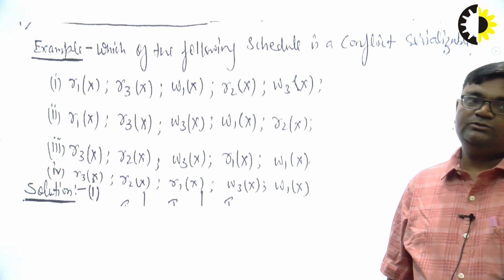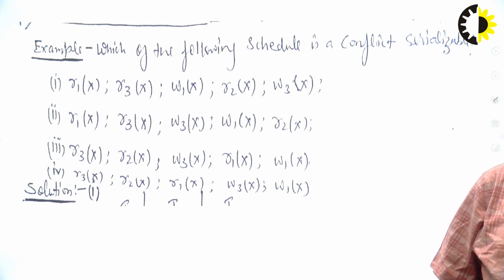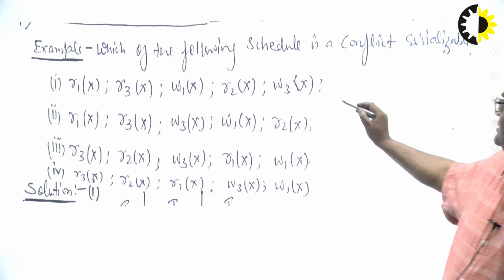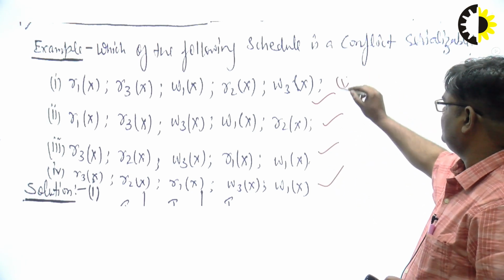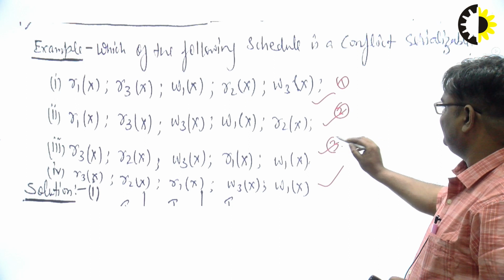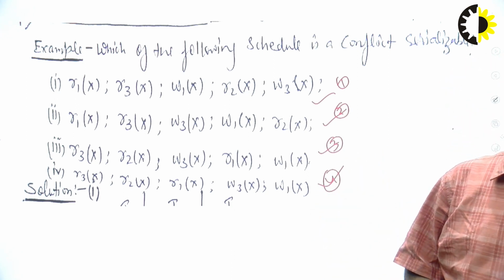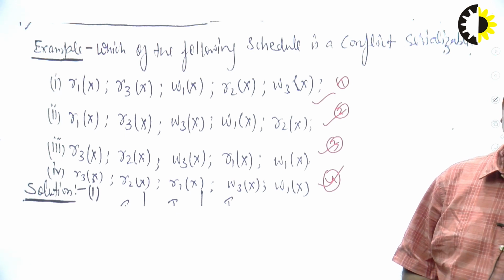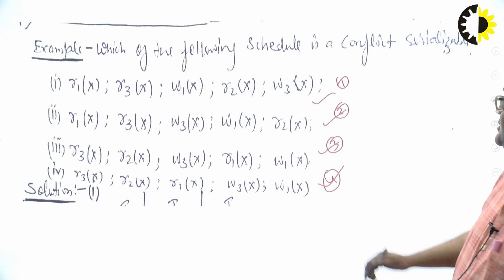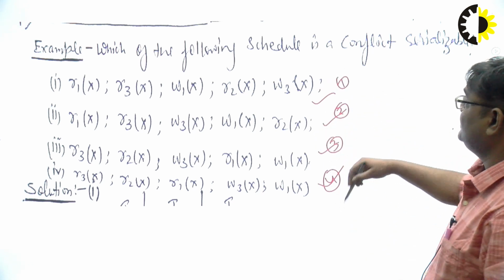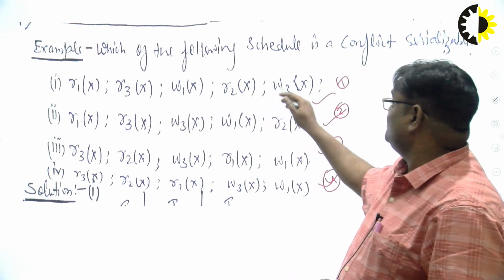Now there is a task for you: which of the schedules is conflict serializable or not. You should go through these 4 schedules, 1, 2, 3, and 4. I will do the first part here, and you have to perform the next 3 parts. In this we have 3 transactions: R1, R3, W1, R2, W3.